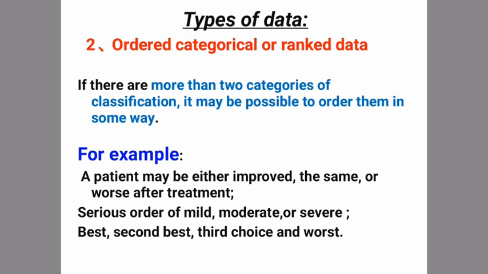We also call it ordinal data. Strictly speaking, it is nominal data because the value of a variable is also marked by categories, but such data have more than two categories, and those categories can be ordered, so we named it ordinal data.